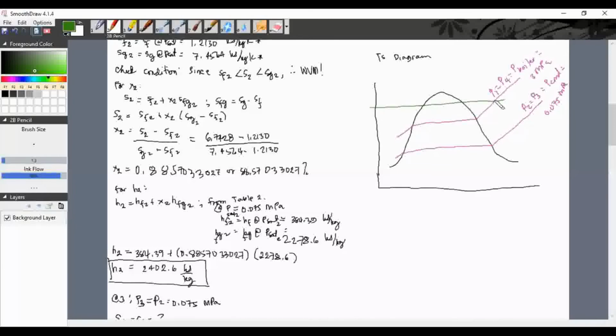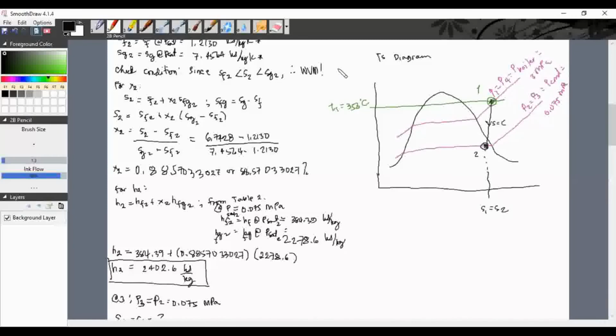So itong aking point 1, superheated siya, no? So we have T1 of 350 degrees Celsius. Then, ano mangyayari? At S is equal to C. Ayan. Magiging wet vapor siya. So this is S is equal to C from 1 to 2. So this is S1 is equal to S2.